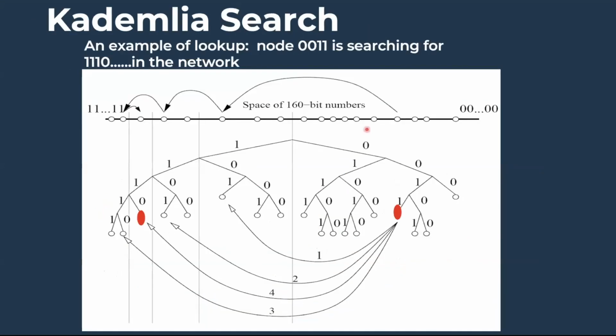So, for example, if you want to go from node 0011 to another node 1110, which is down here, then this node is going to start parallel connections to different parts of the subtree by breaking the hash space into different parts, in order to jump big parts and go far away in the DHT, to make it more efficient to get to the node it is looking for faster.